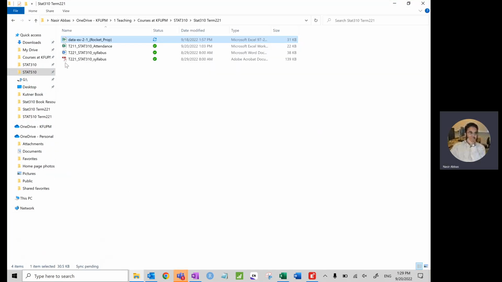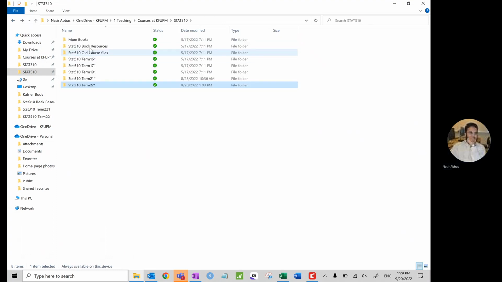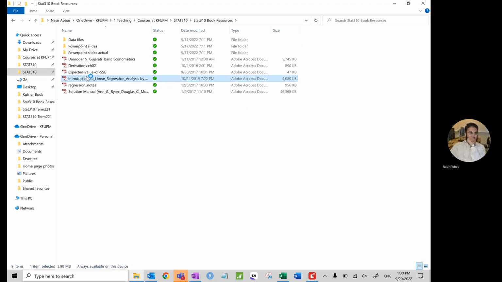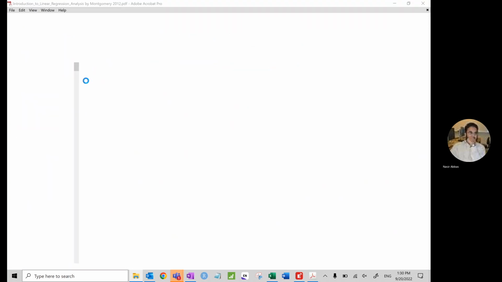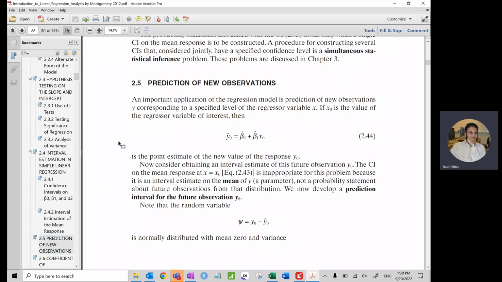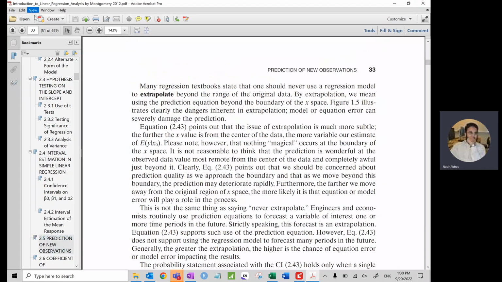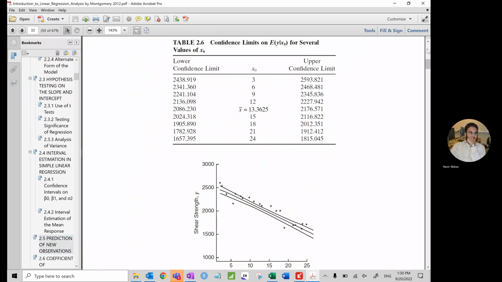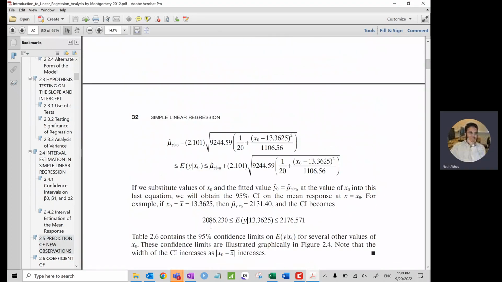Let us try to match it with the result from book. The prediction of new observation, no. The mean response. Here.